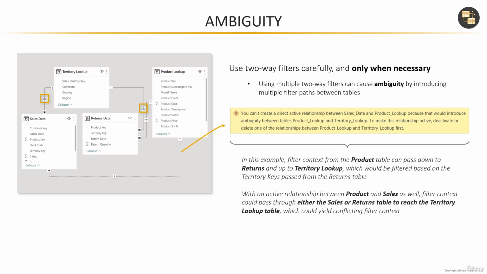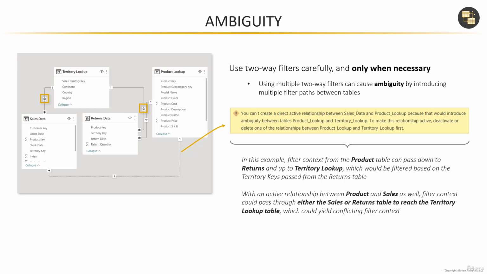So let me try to give you an example here that's a bit more tangible. Imagine we're thinking about just one specific product, like a water bottle. Now imagine that that water bottle was only returned in territories 1 and 2, but it was sold in territories 1, 2, 3, and 4. When we filter on that product from the product lookup table and allow that context to pass through both the sales data and returns data tables, that means that our territory lookup would be receiving two different sets of filter context.